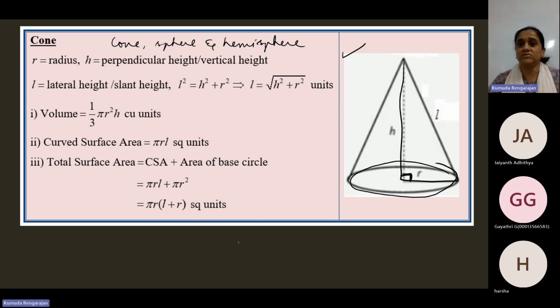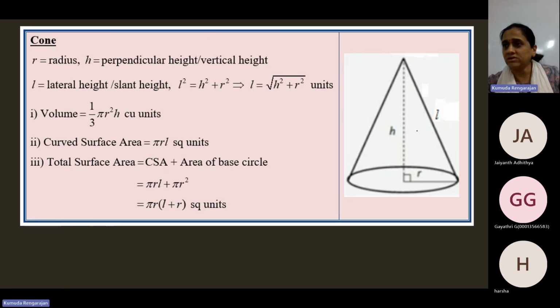Right meaning right angle, 90 degrees. So the perpendicular height of the cone and the radius are at right angles to each other.